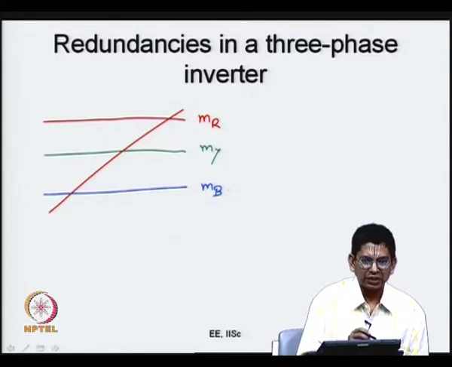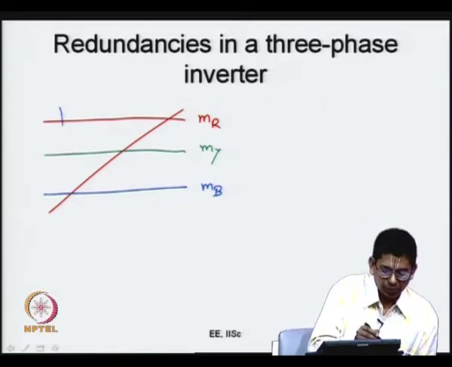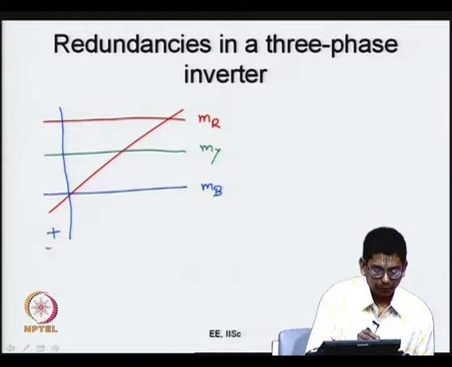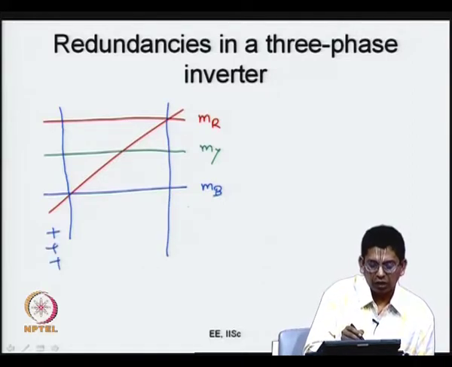So, what we mean by this redundancy is the load can be shorted either by all the top devices being on or all the bottom devices being on. So, here itself, as we had observed the other day and repeating today, you have the situation where all the 3 top devices are on, and you have the extreme situation at the last interval where all the 3 bottom devices are on.